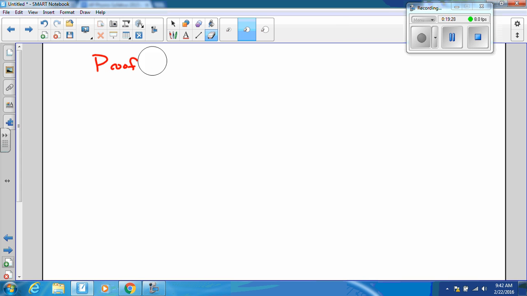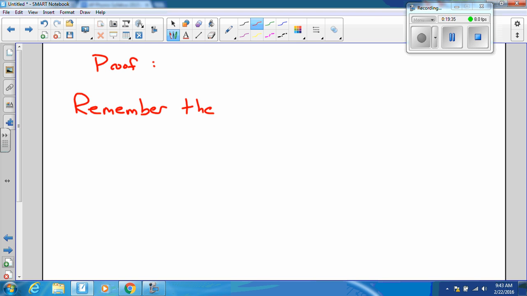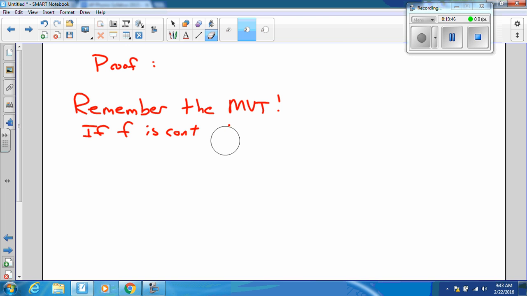Before we get into the proof, I want to remind you of the mean value theorem. Remember the mean value theorem. If f is continuous on the closed interval, differentiable on the open, I'm going to write the mean value theorem in terms of the numbers c and x here, so that it sets us up for what we're about to do.